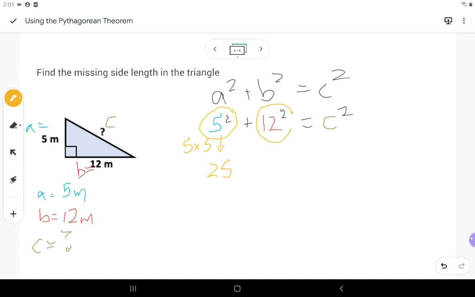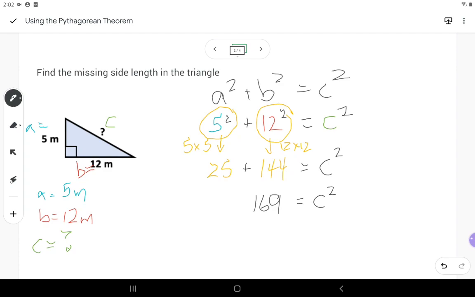Over here, 12 squared means 12 times 12, and that would be 144. So now I have 25 plus 144 is c squared. Well, 25 plus 144 is 169, and that's c squared.